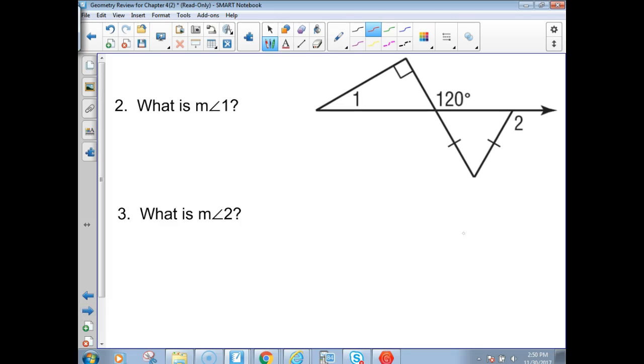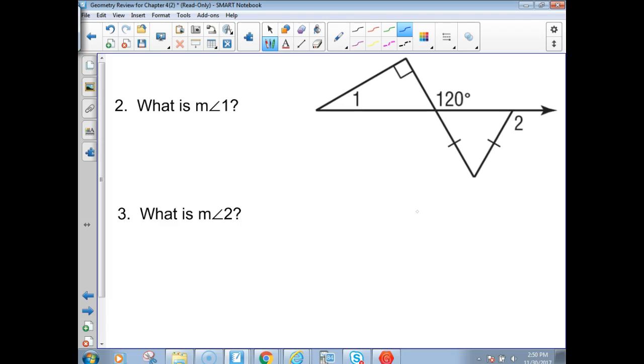Okay, number 2. What is the measure of angle 1? In your ISN, I believe it is on page 2. By page 1, I think we had the triangle angle sum theorem, right? Where we ripped a little triangle and some of us taped it in there. Then we had this exterior angle theorem.